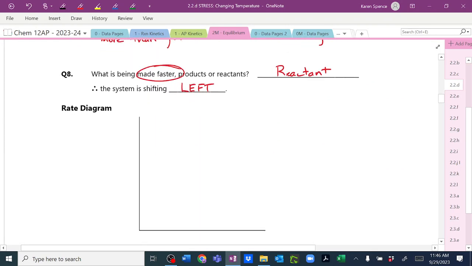Rate diagram. Do you think you could draw a rate diagram? Try it.